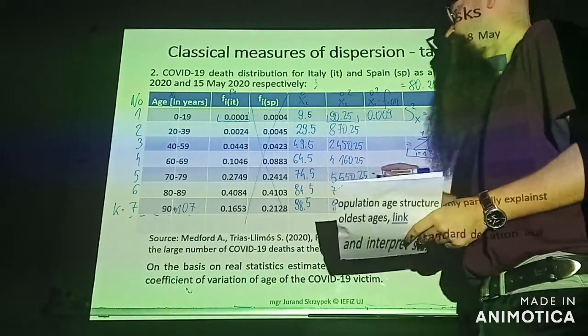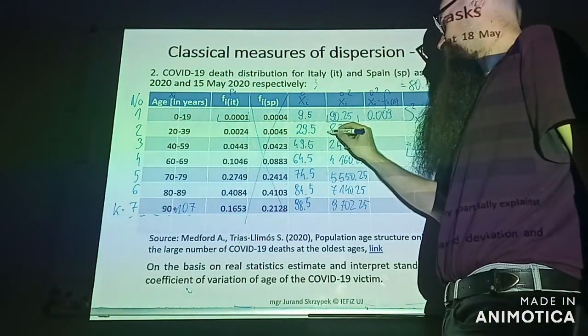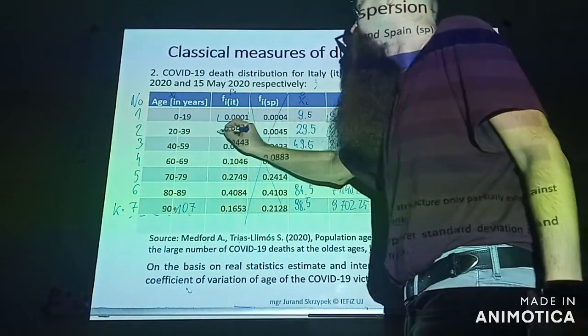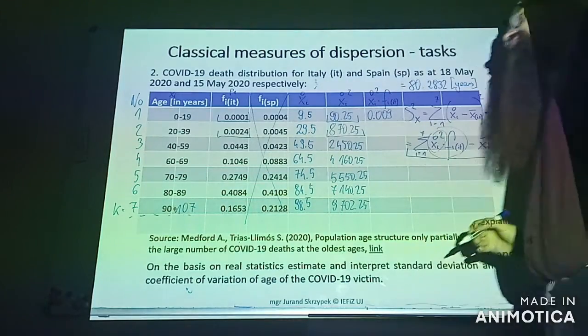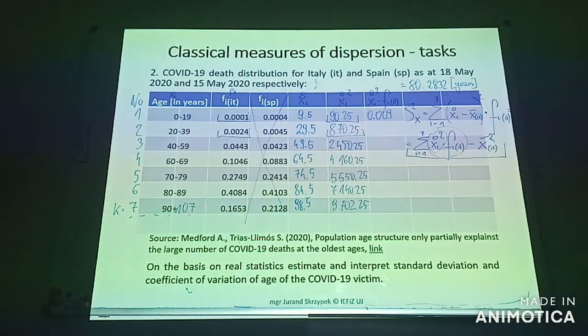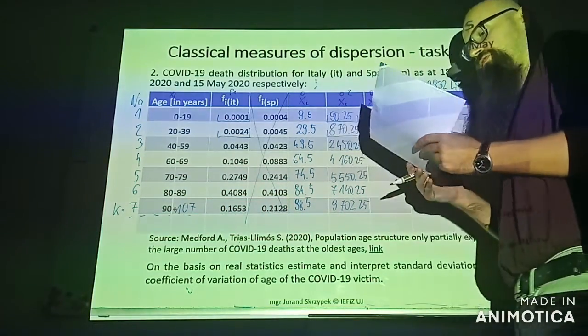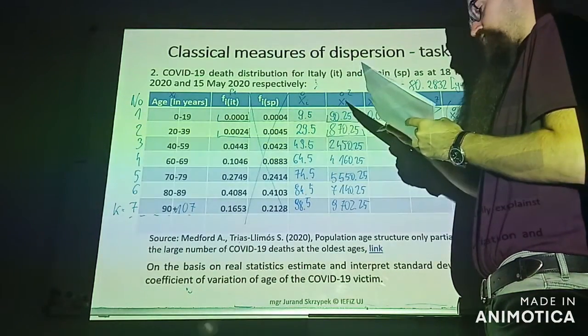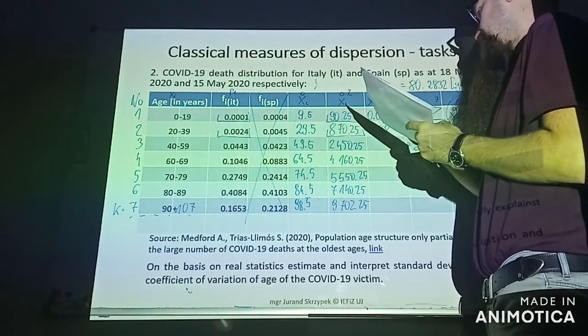In the next row I have the product of 870.25 multiplied by 0.0024, and the result is 2.089.